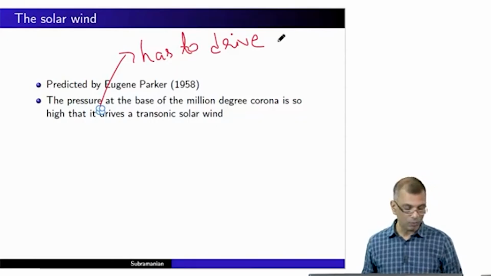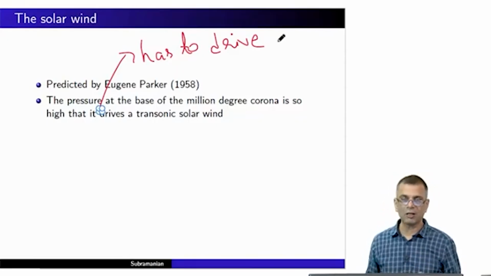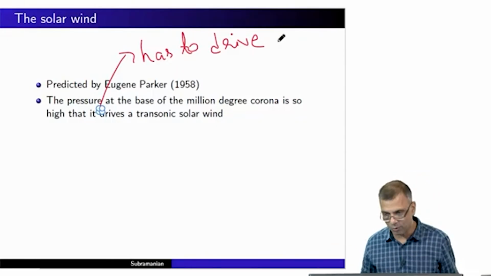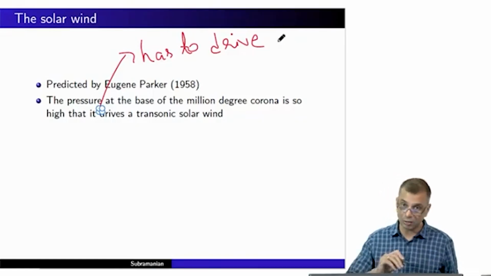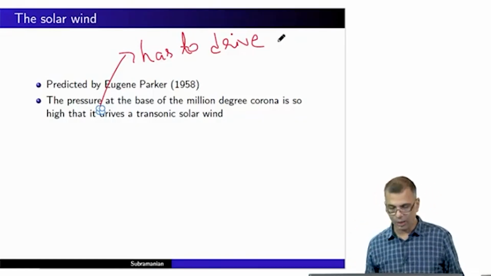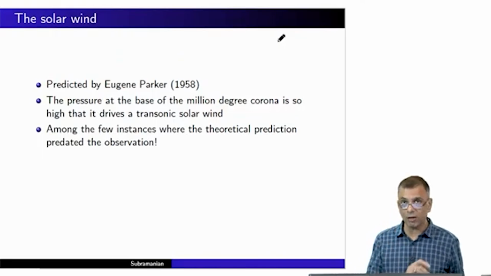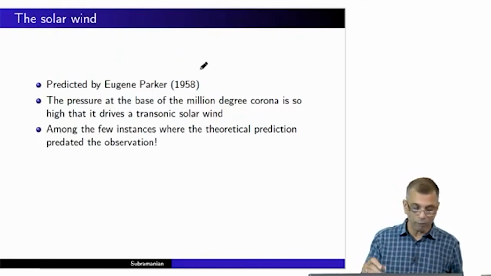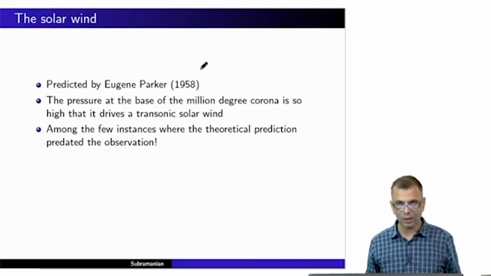Well, okay, whether the solar wind has to be transonic or not is another matter, but a transonic solar wind was the most elegant solution, solutions of the type 2. Okay, and the actual discovery of the solar wind happened after 1958, in fact.